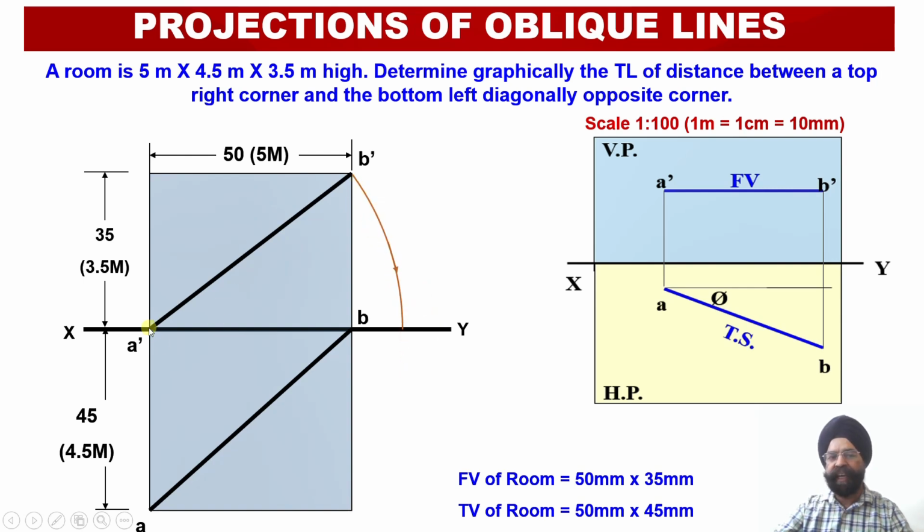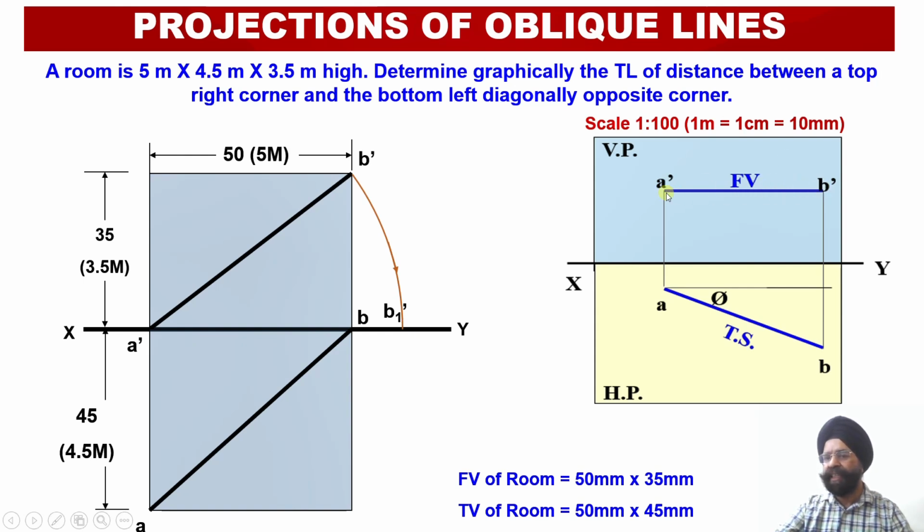Here with A dash as the compass point, we will open the compass equal to the radius A dash B dash, and with A dash as my center point, I am going to rotate this point B dash over here to obtain A dash B1 dash. So this apparent length, which is rotated through point A dash, A dash B1 dash, will become parallel to the horizontal plane.